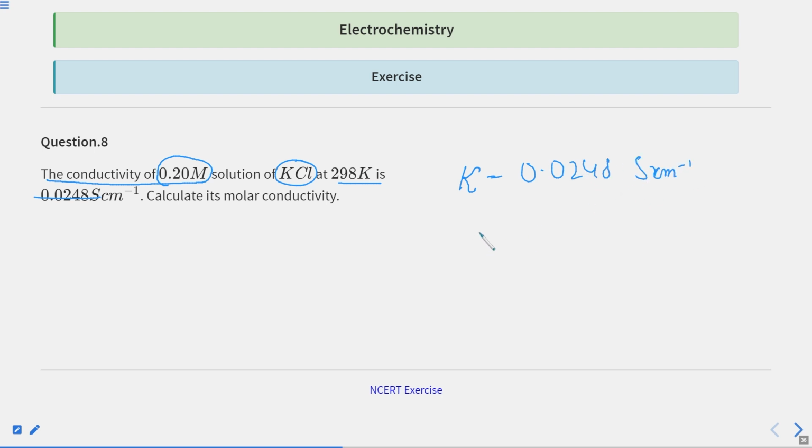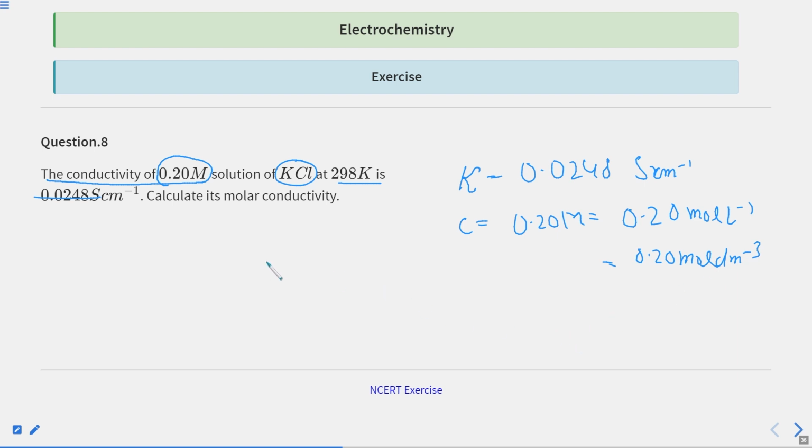The next thing mentioned is its concentration, 0.20 M, or we can say 0.20 mole per liter, or more appropriately I would say 0.20 mole per decimeter cube. So you must be aware of each of these. Okay, so this is very important.